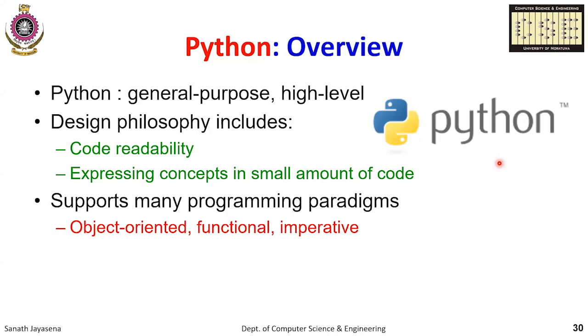For example, the object-oriented style is one such paradigm. There are languages like Java, C++, and so many others, which use object orientation as the basic approach.